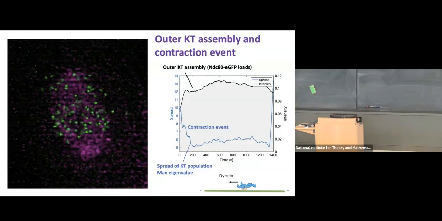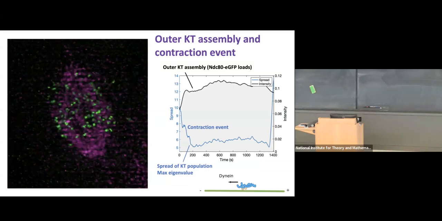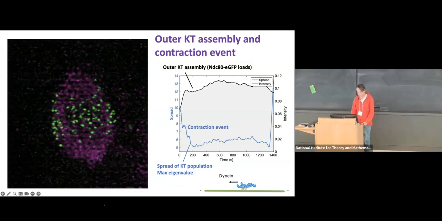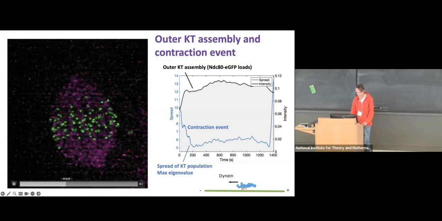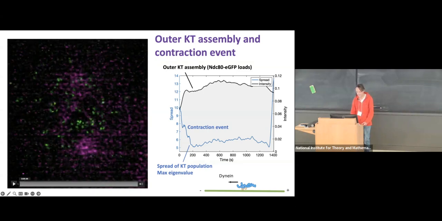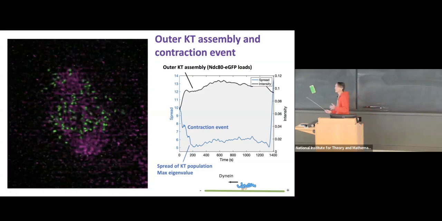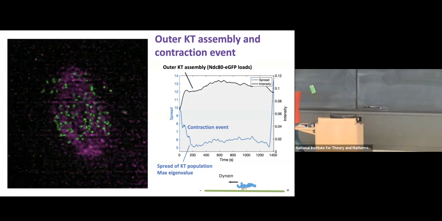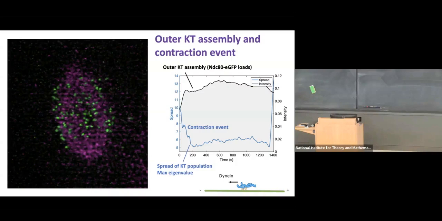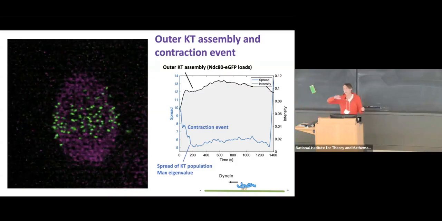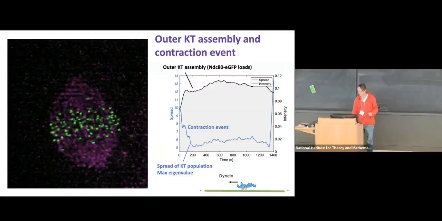NDC-80, these green dots, is loaded. If I show you on the movie, you'll see they're dimmer at the beginning, then they load. This is outer kinetochore assembly. NDC-80 is coming from the nuclear envelope, and then as the nuclear envelope dissolves, it loads onto kinetochores. That's partly why we see the number of spots increase.